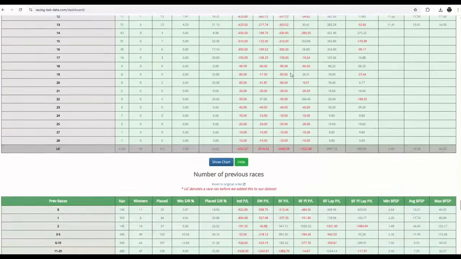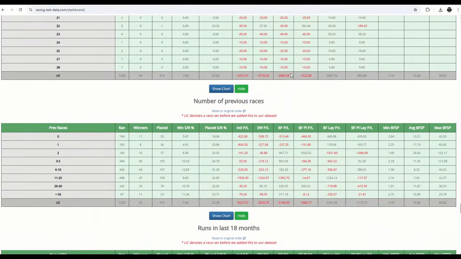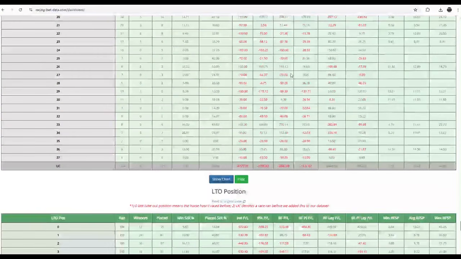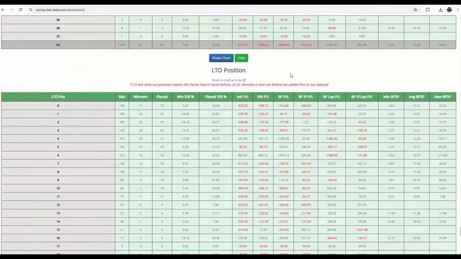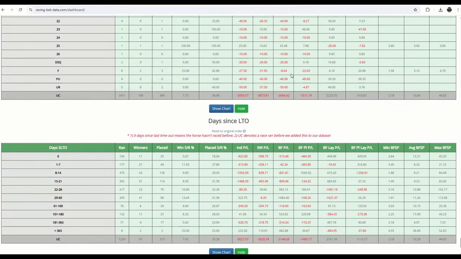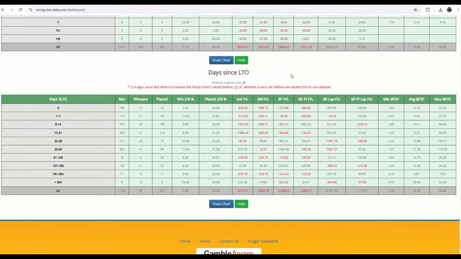RBD rank and number of previous races, runs in the last 18 months, last time out position, days since last time out. So days since last time out is interesting.